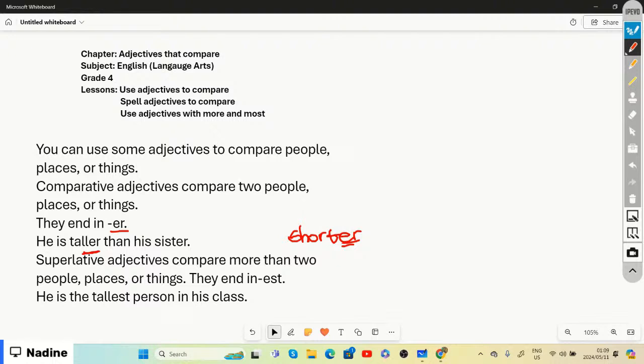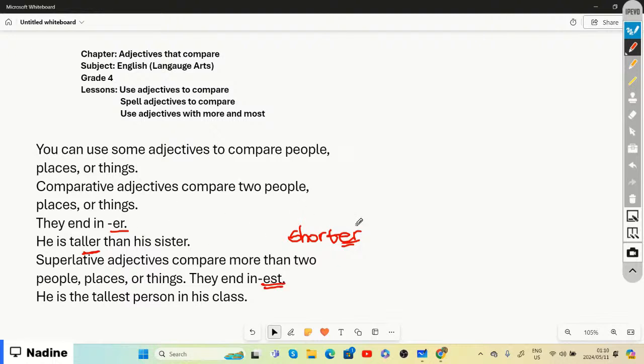Then we have superlative adjectives. Remember, comparative adjectives compare people, places, or things, and superlative adjectives compare more than two people, places, or things, and they end in est.